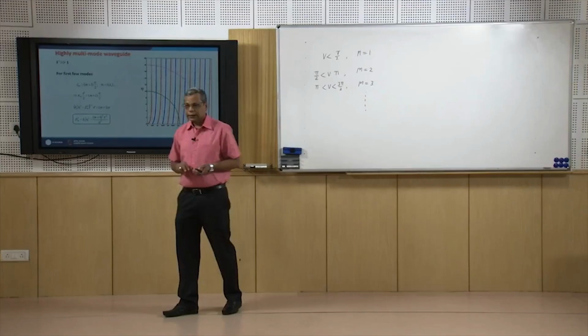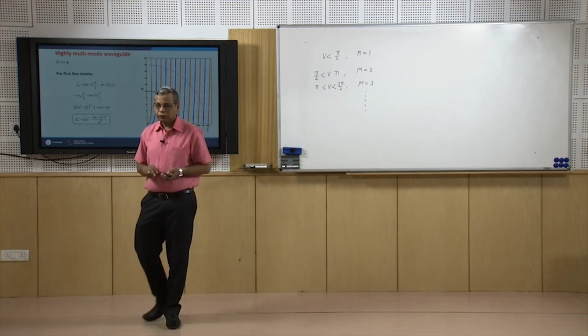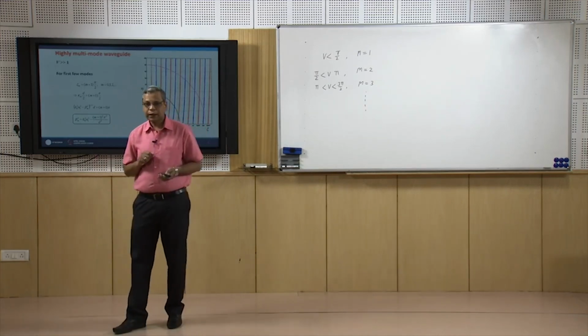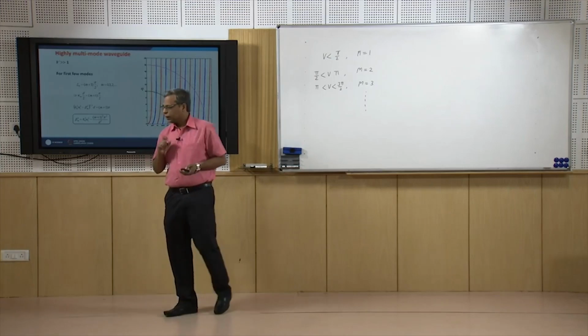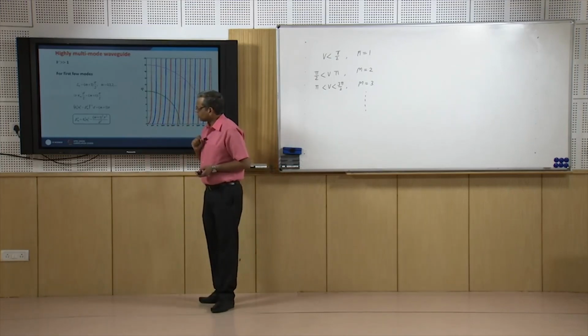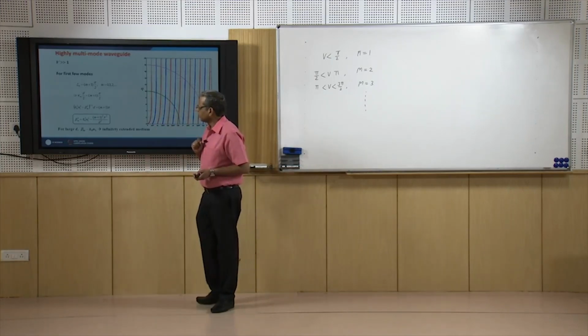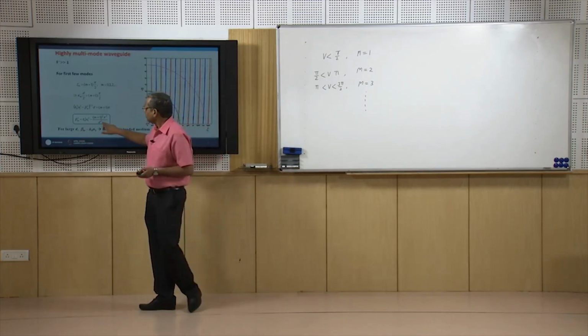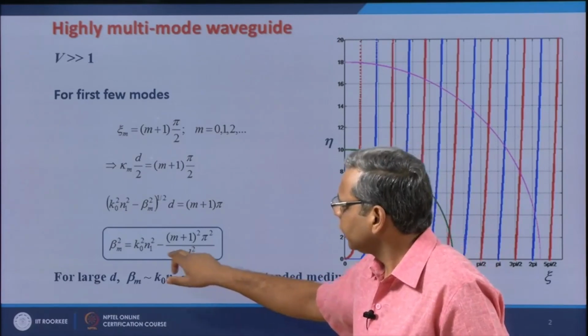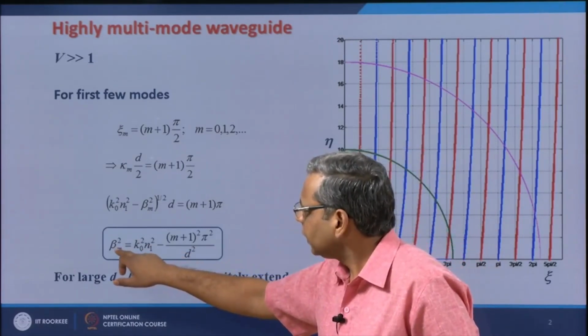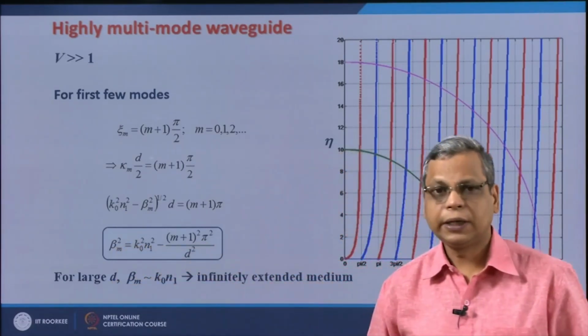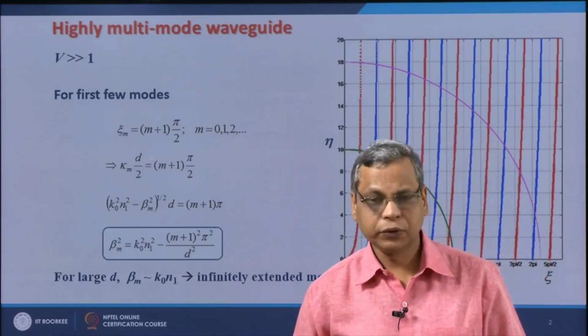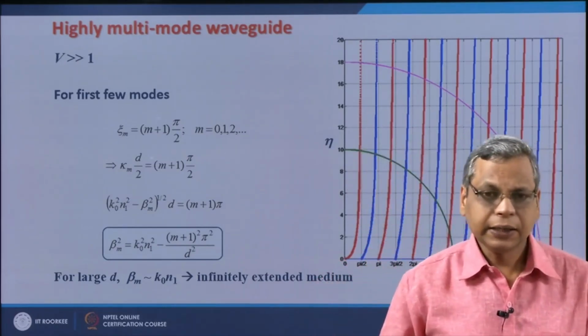Now, I can have a large value of V in two ways. One is if I have a very large value of d, then you can see that beta m will approach k naught n 1, and it is obvious.